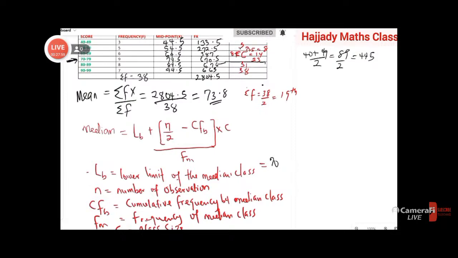We have 10 digits when you count from 40 to 49. And the cumulative frequency before the median class, since this is our median class, is 14.